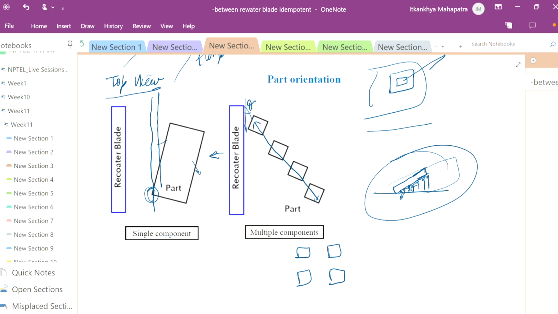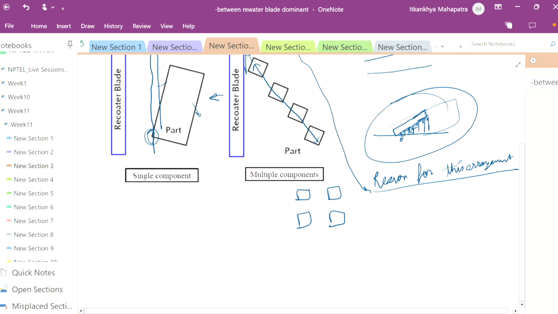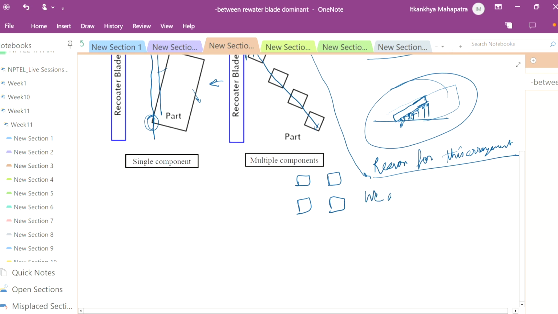The reason behind this type of arrangement is to decrease the force. The first reason for this arrangement is that we are decreasing the force.